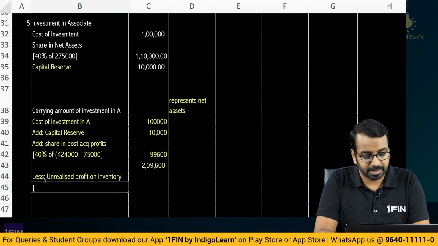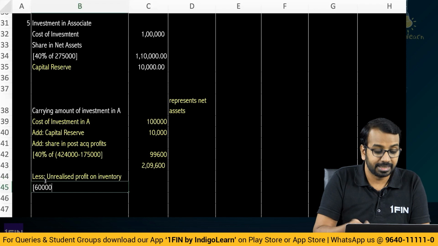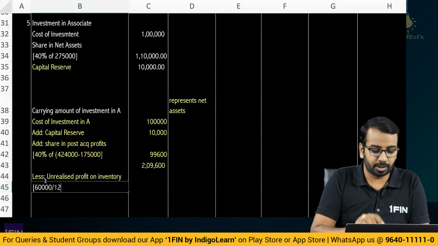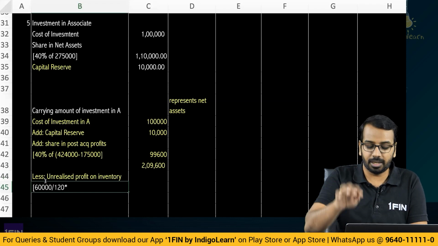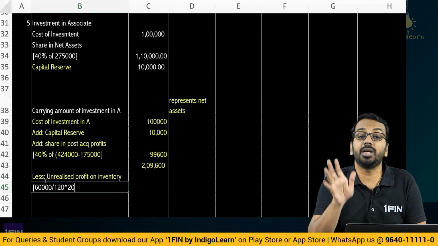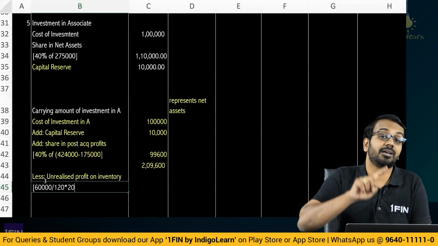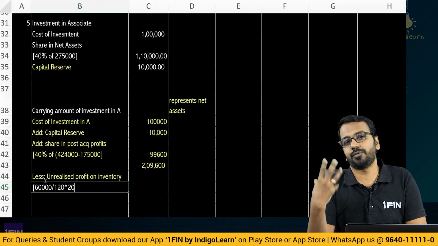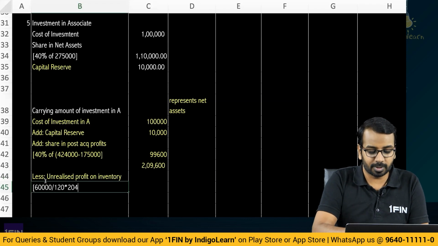How much is that? That is 60,000 is the total value. This represents 120 divided by 120 multiplied by, we need 20. So, 60,000 divided by 120 multiplied by 20 will give me unrealized profit, but this is 100%. We are concerned with only 40%, which is our share. So, multiplied by 40%.